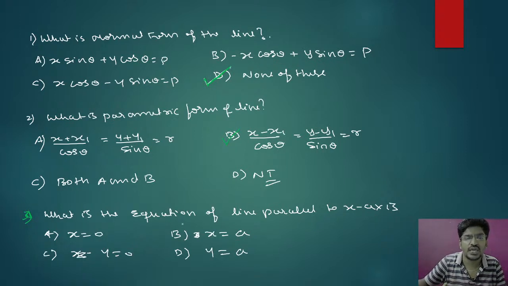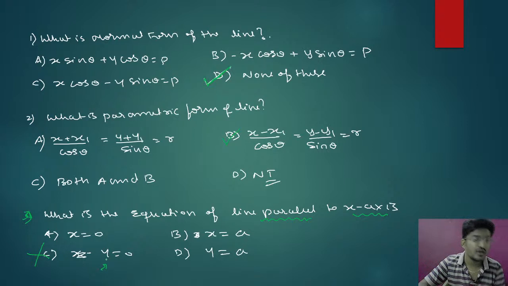What are they asking? The equation of the line parallel to the x-axis. Some of you are telling option C, but option C is not the correct answer. Option C is the equation of the x-axis.